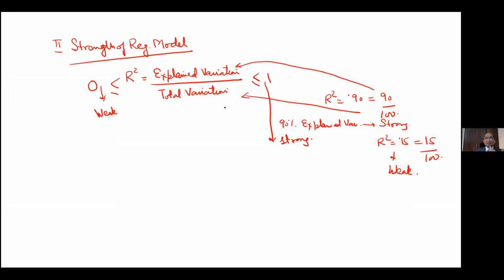But now the issue arises. Suppose a particular person gets R square as 0.62. For person X, 0.62 can be very high. For some other person, 0.62 is moderately high. So different persons have different perceptions. So we don't go with a qualitative judgment. We simply mention the value of R square.